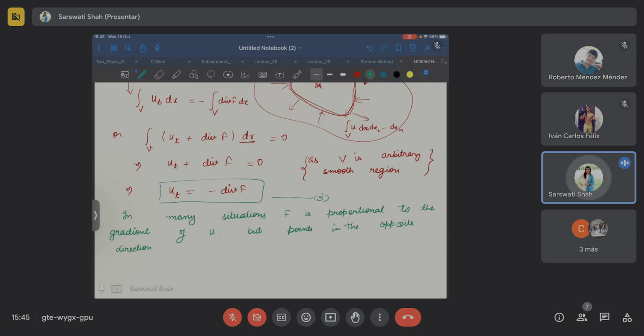Do you know the physical meaning of the gradient of any function?